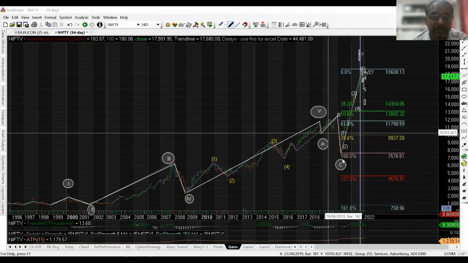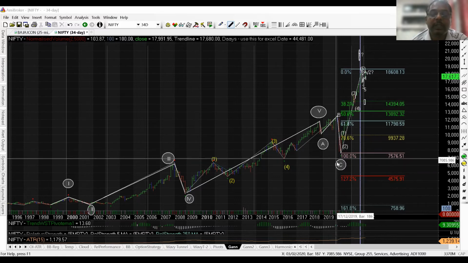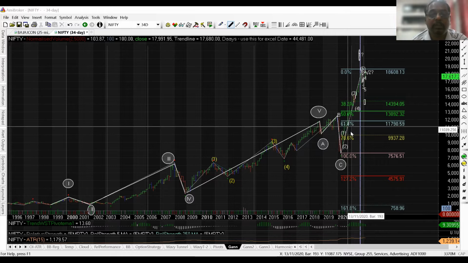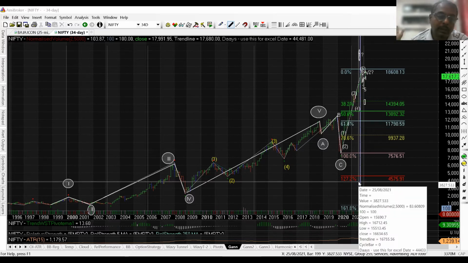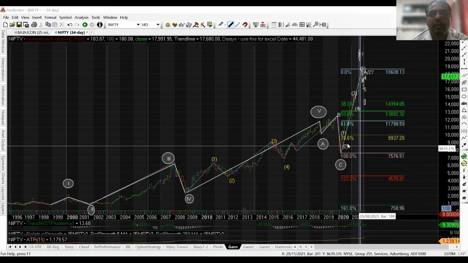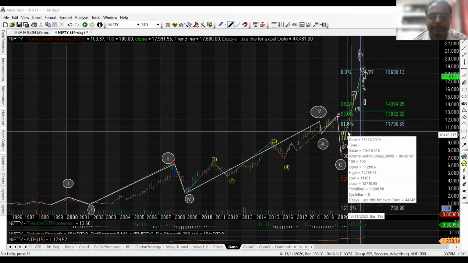I made a mistake initially in counting this, and I was expecting, from somewhere around 11,000 when the market started going up, one more down leg. I made a mistake, no problem, doesn't really matter, because I was still making money with my trading.